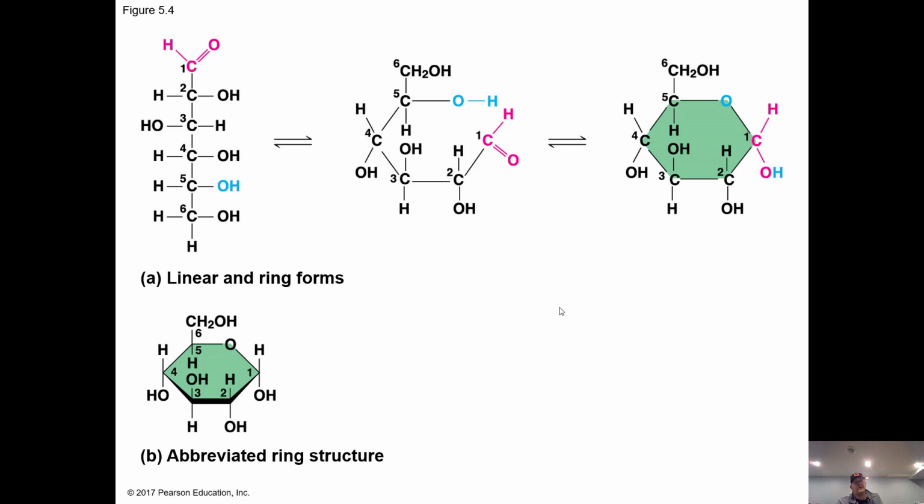And before we go on to our polymers, I'll just say that the main function of monosaccharides is to store energy. So glucose, we're storing it like chemical energy in the bonds.